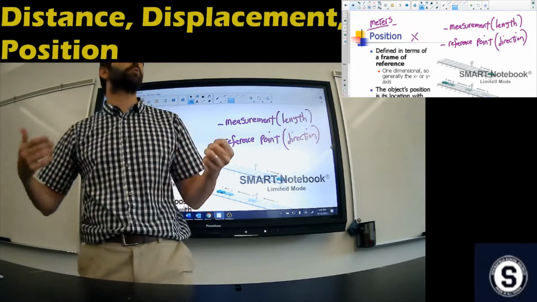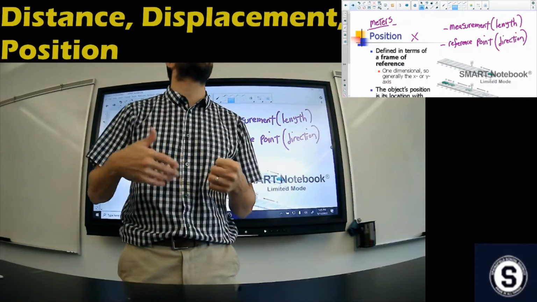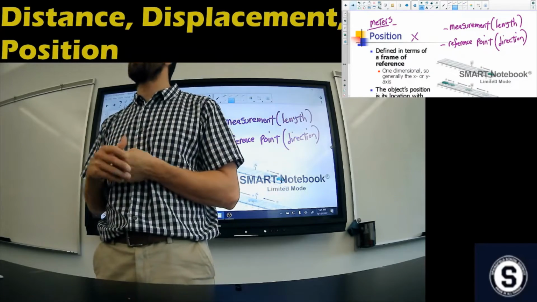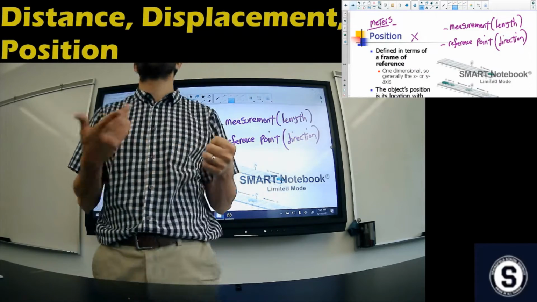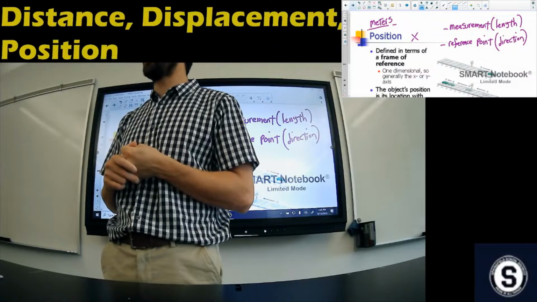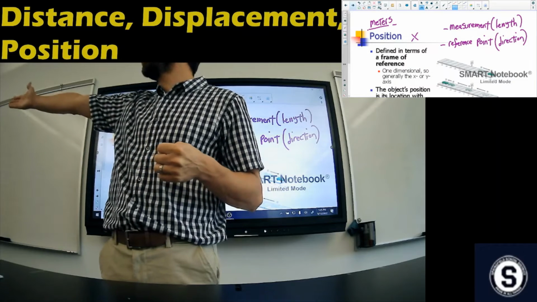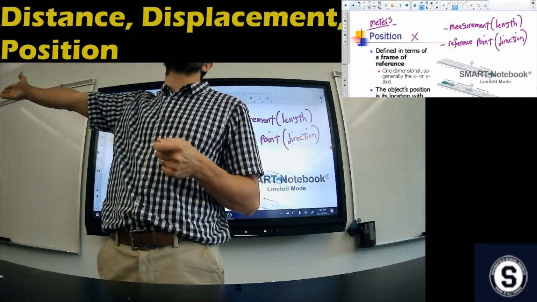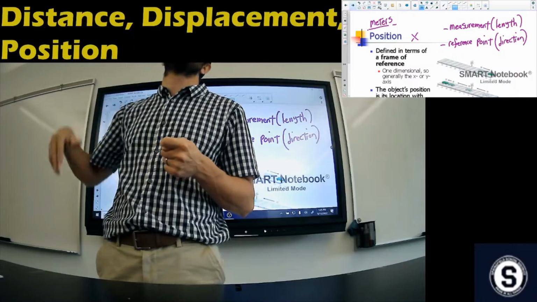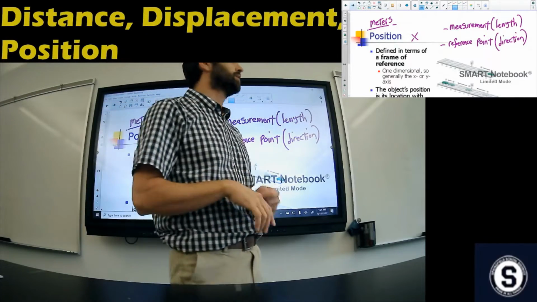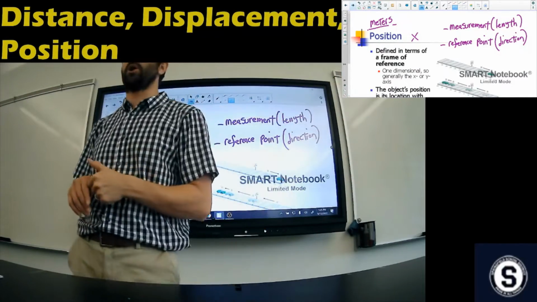Some people might say something like, he's about 5 feet in front of me. Some people might say, he's about 2 feet in front of the board. Or he's about 2.5 meters to the right of the door. He's about 3 meters to the left of the window.